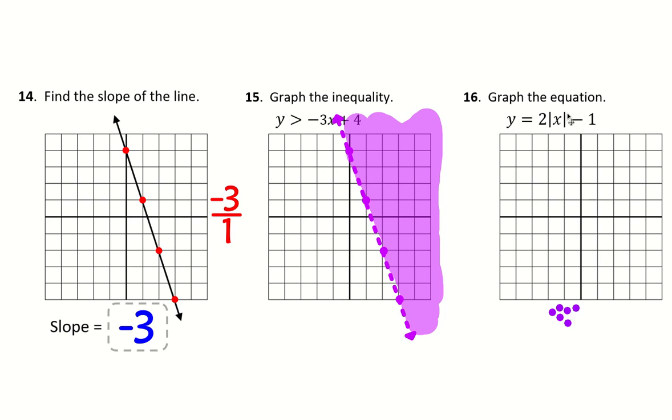So my vertex would move down 1, and since there's nothing added or subtracted directly on the x, there is no shifting left or right from the parent function. So this is my vertex, and then because 2 would be my slopes, that's 2/1, up to the right 1, but in both directions, so also up to the left 1.